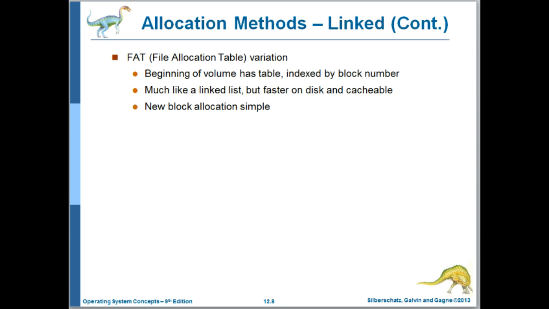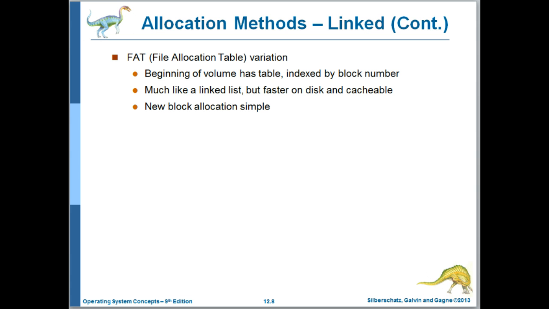So FAT is a variation of linked allocation where instead of keeping the block pointers within the blocks, the block pointers are gathered together in some blocks at the beginning of the disk drive. So this speeds up access.